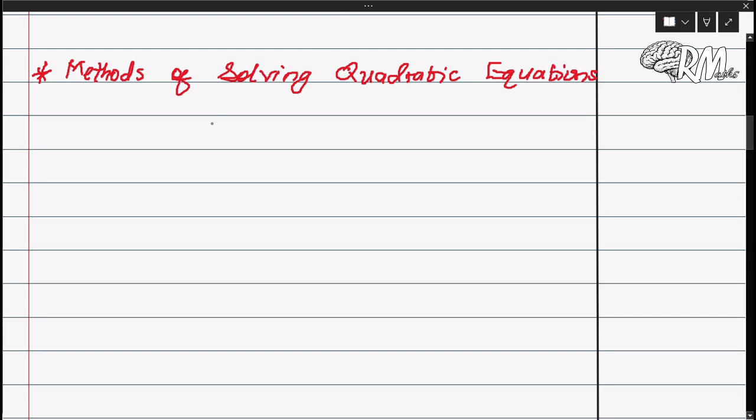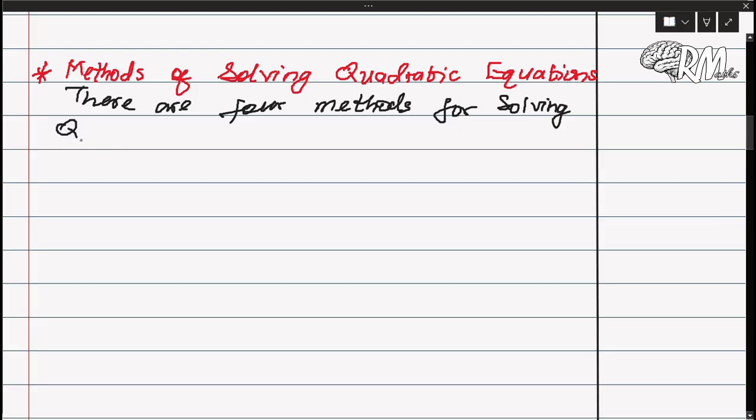Now, methods of solving quadratic equation. There are 4 methods for solving quadratic equation.